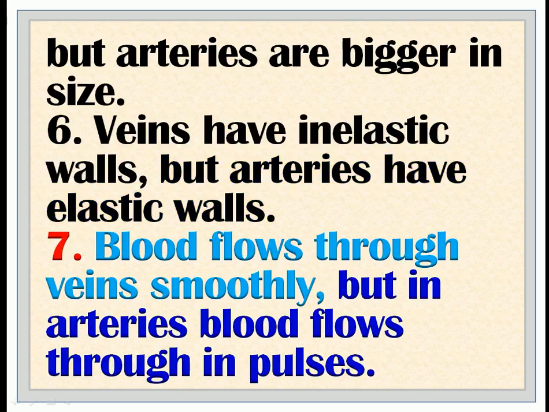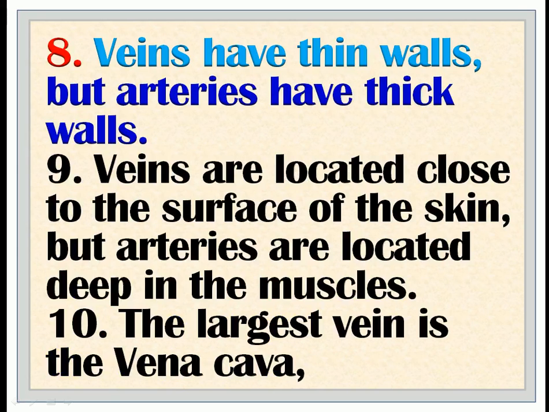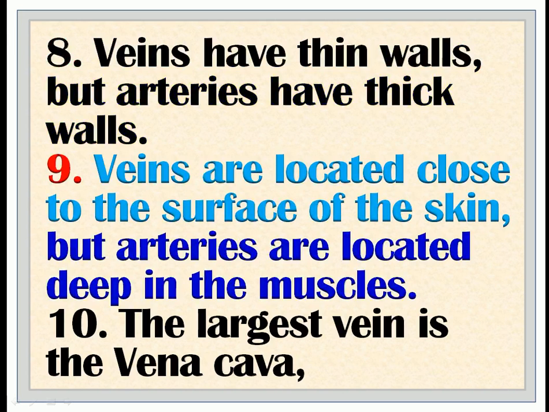6. Veins have inelastic walls, but arteries have elastic walls. 7. Blood flows through veins smoothly, but in arteries blood flows in pulses. 8. Veins have thin walls, but arteries have thick walls. 9.